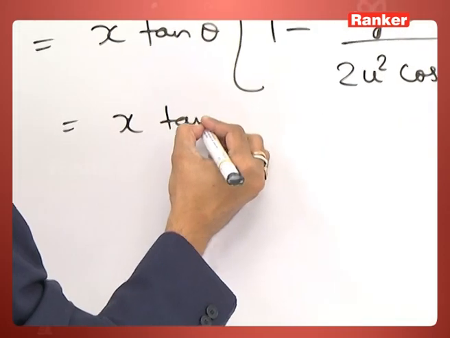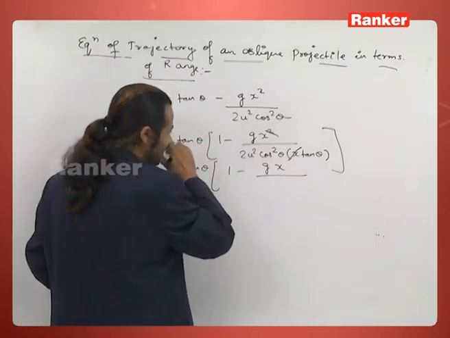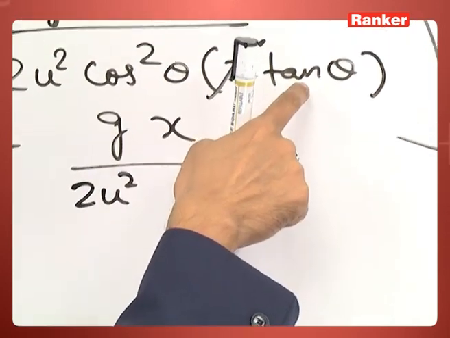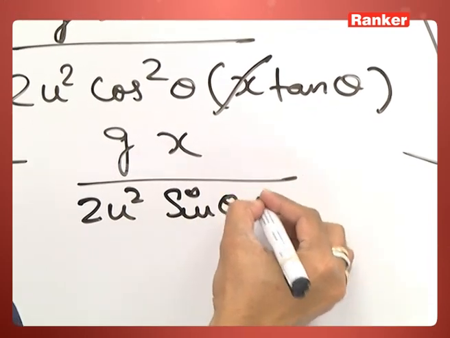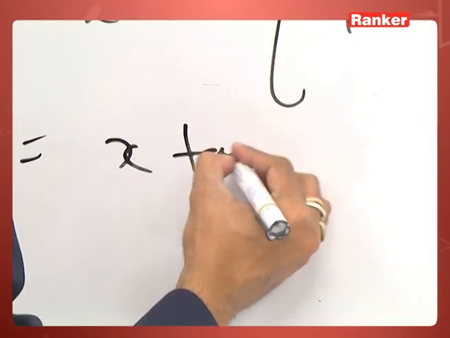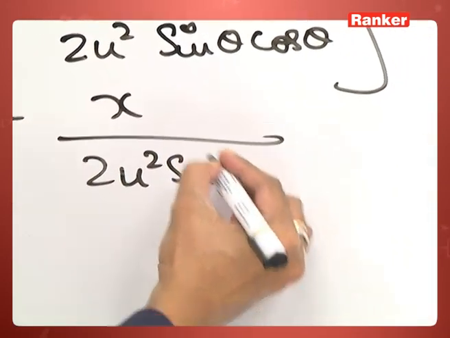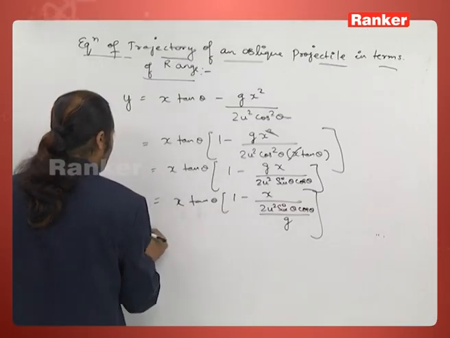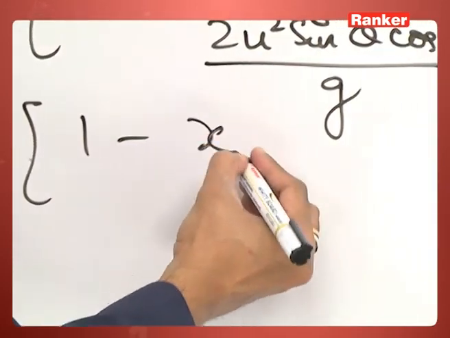So this becomes x tan theta into 1 minus g x by 2u square, tan theta can be written as sin theta by cos theta. So 1 cos theta cancel, sin theta cos theta. So here I can again write x tan theta minus 1 by x by 2u square sin theta cos theta divided by g. So this I can write y is equal to x tan theta into 1 minus x by range.